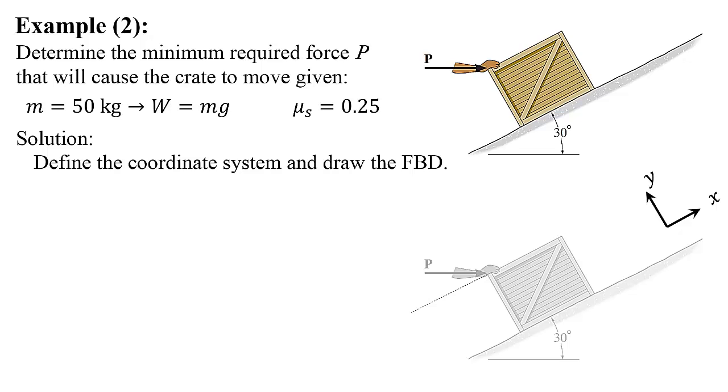So I'm going to apply here the frictional force Fs, and I'm going to have a normal force. The reason I chose the coordinate system this way is that I wanted N and Fs to be along the coordinate system I chose.